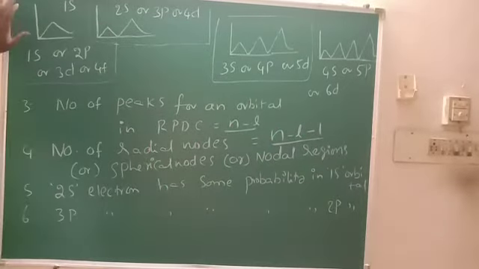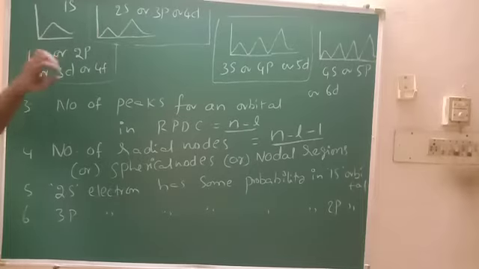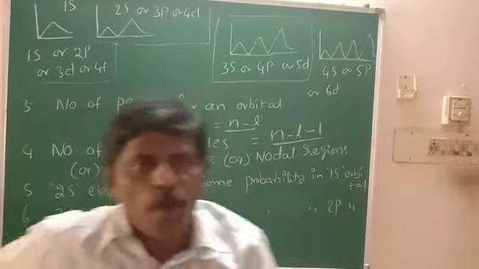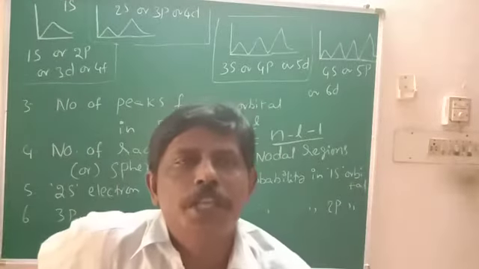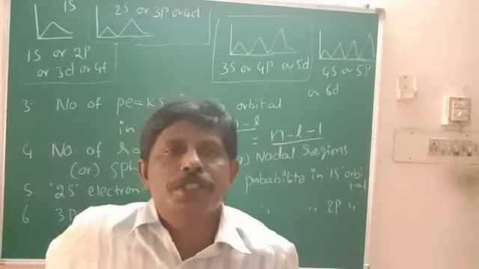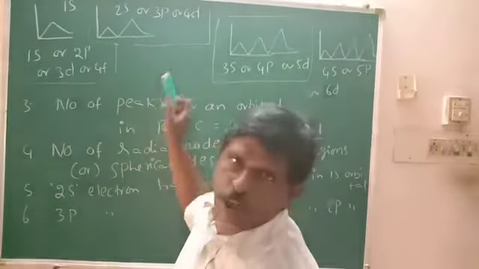These graphs are between the D function, the radial probability function, on the y-axis and distance from the nucleus. How the probability of finding the electron varies with the distance, we came to know from these graphs.